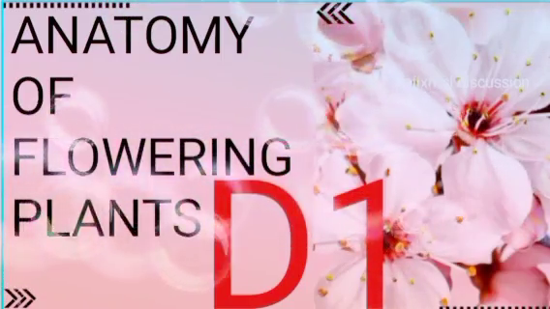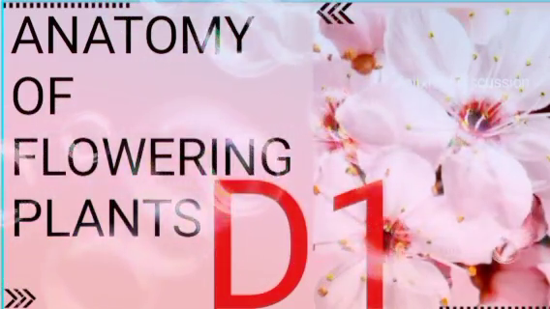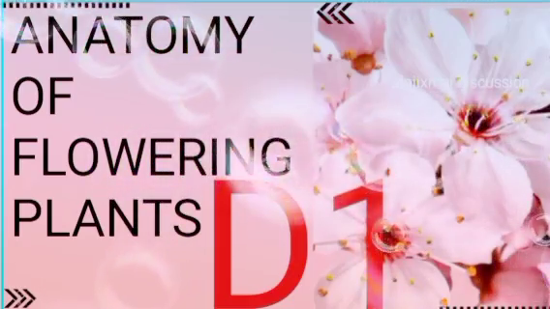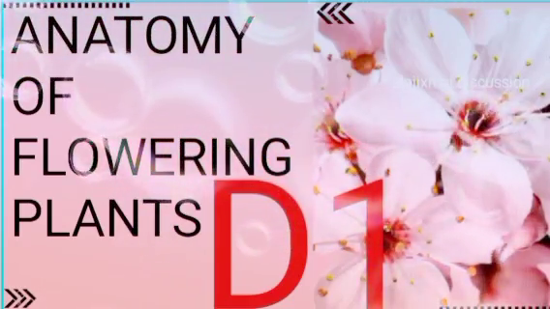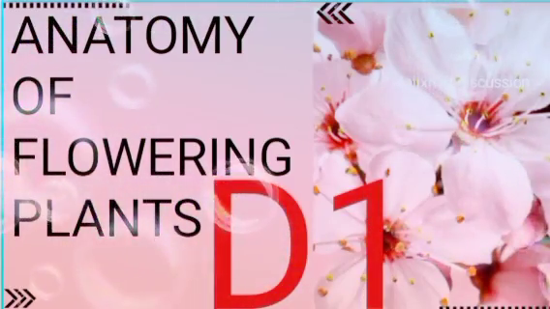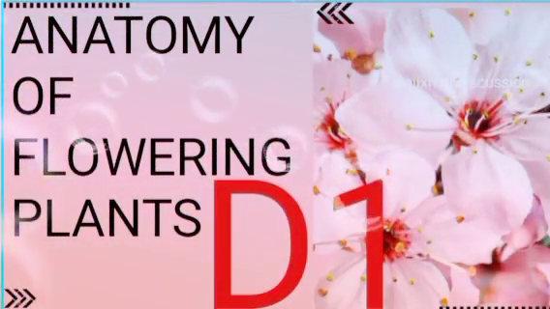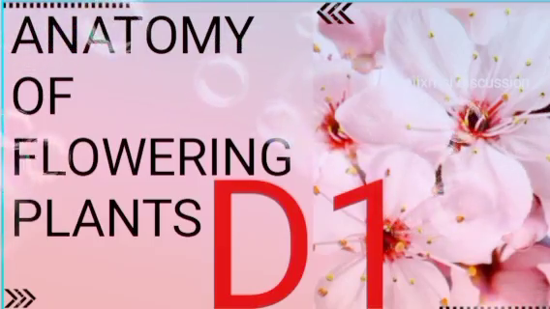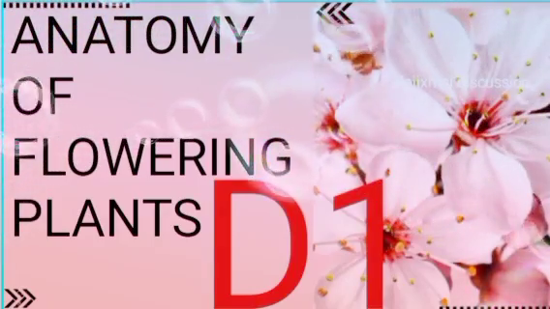The next, both dash dash meristems and dash dash meristems are dash dash meristems because they appear early in life of a plant and contribute to the formation of the primary plant body.